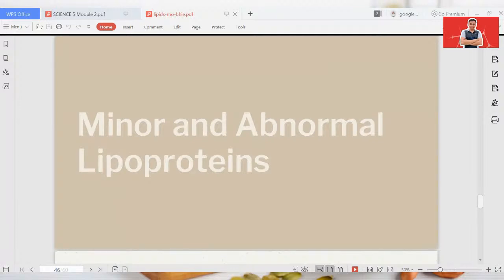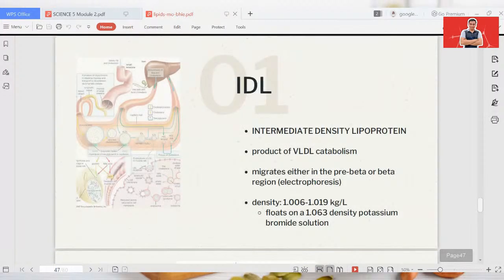So, we have here the minor and abnormal lipoproteins. First, we have the IDL or the intermediate density lipoprotein. It results from loss of fatty acids from VLDL. So, product lang siya ng VLDL catabolism, meaning remnant lang siya. And then, it remains in the circulation or taken up by the liver via the LDL receptors.